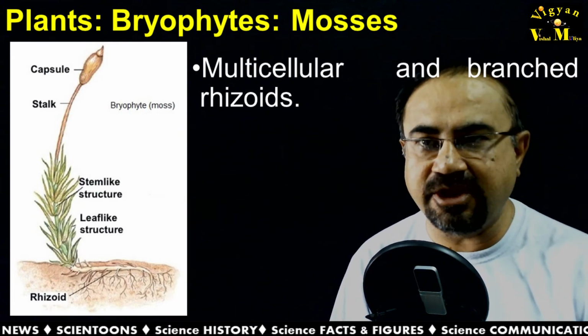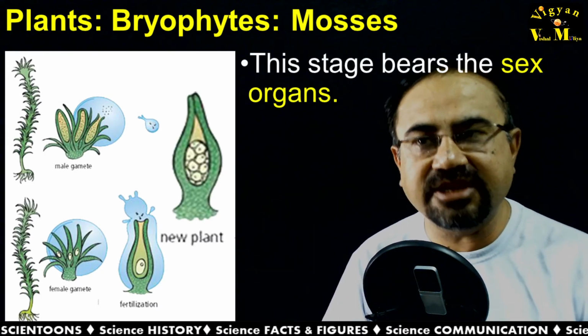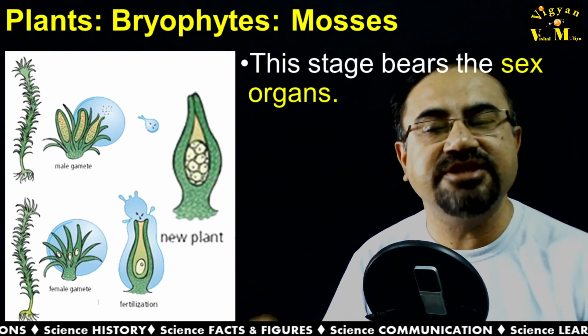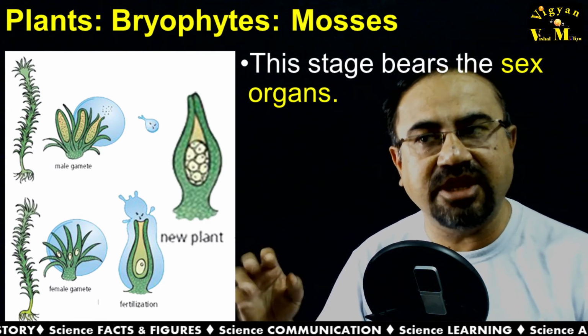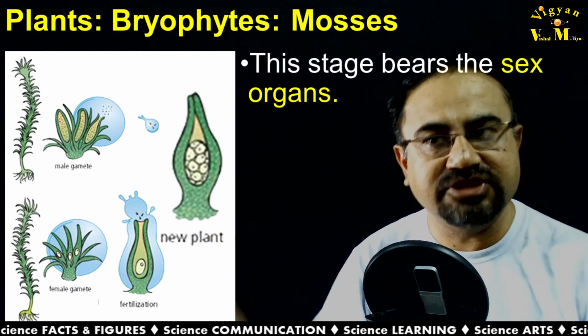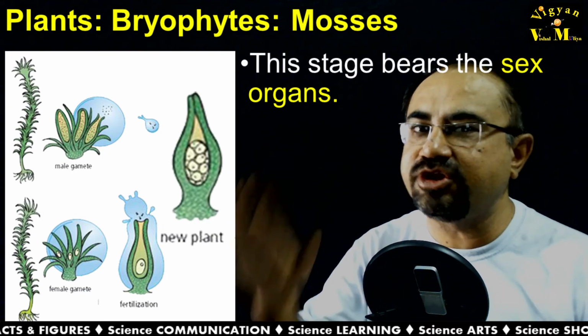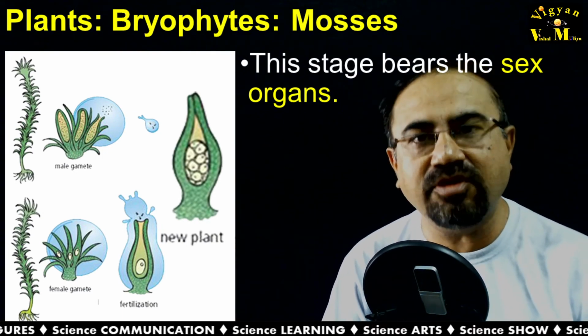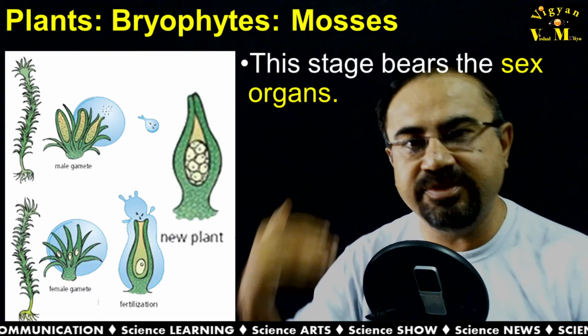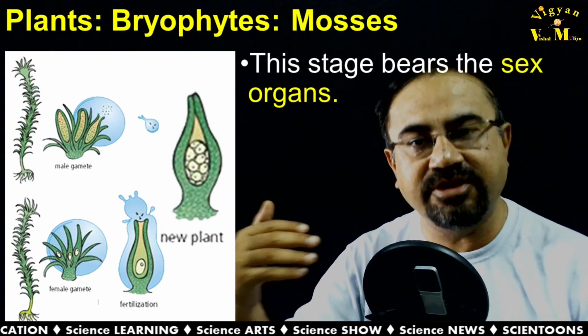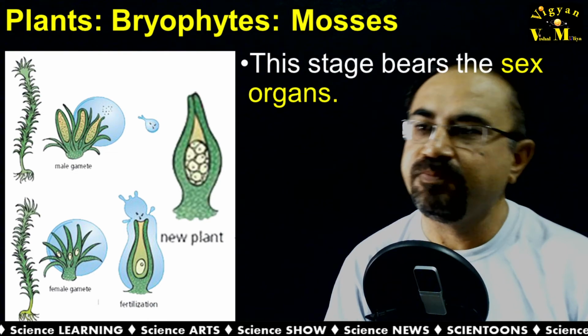This second stage has sex organs, and these sex organs go for sexual reproduction, which we have already discussed earlier, or we are going to study in much more detail when we study the NEET level videos.